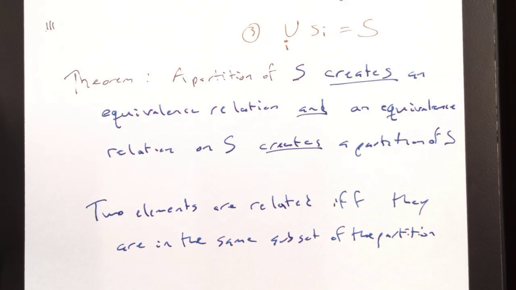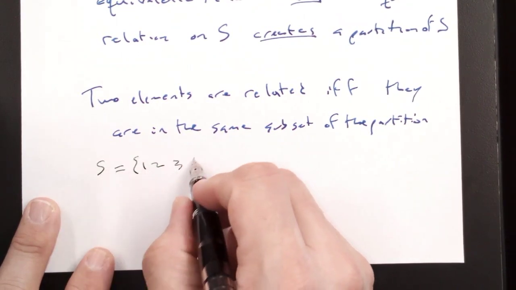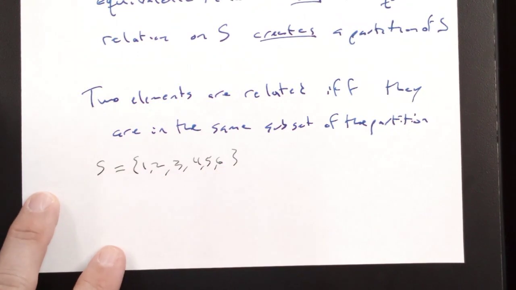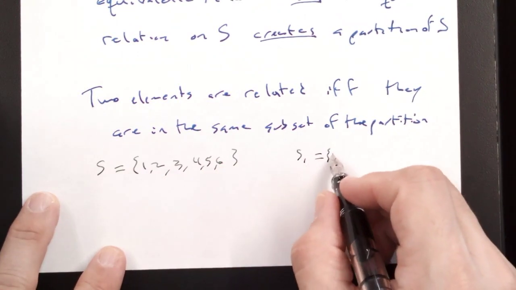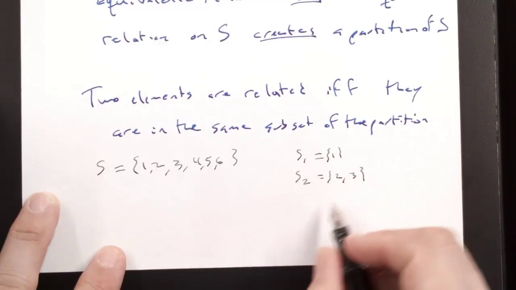But if it's partitioned, then here, I'm going to make up a partition on a set. Ready? My set S is 1, 2, 3, 4, 5, 6. My partitions are as follows. Set 1 is just the number 1. Set 2 is just the numbers 2 and 3.